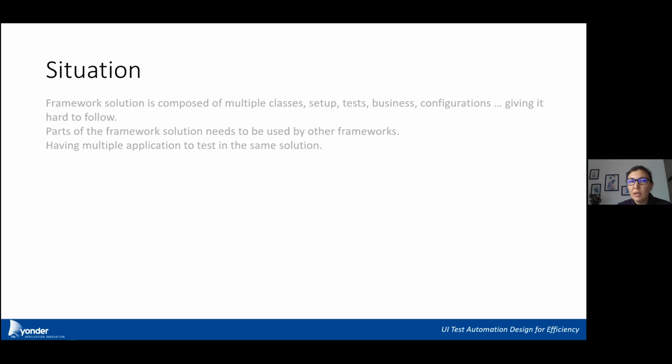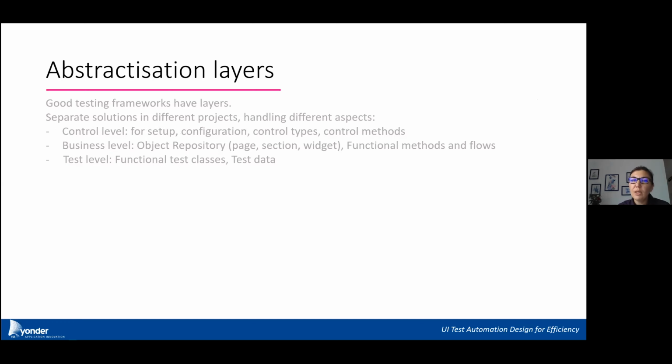So the solution in our automation is to have an abstraction layer. They say that a good testing framework has layers, so separate projects handling different aspects that will be grouped in 3 areas. One will be the control part for setup, for configuration, for control types, and also for the wrapper that we talked about with the control methods.